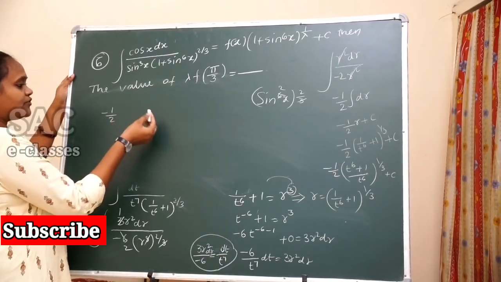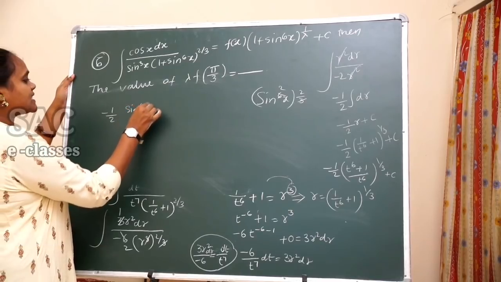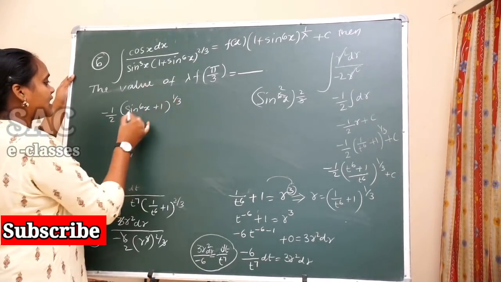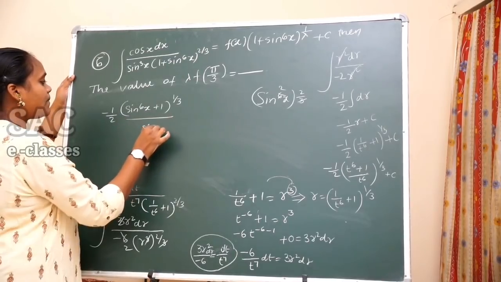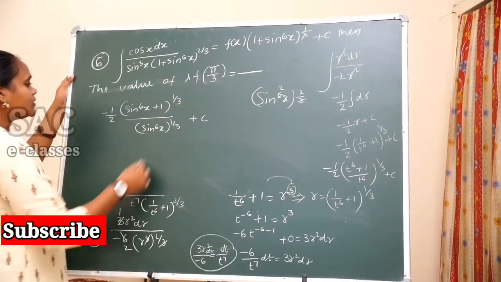T means, as you know, sin x. So sin power 6x plus 1 whole power 1 by 3 by sin power 6x whole power 1 by 3 plus c.